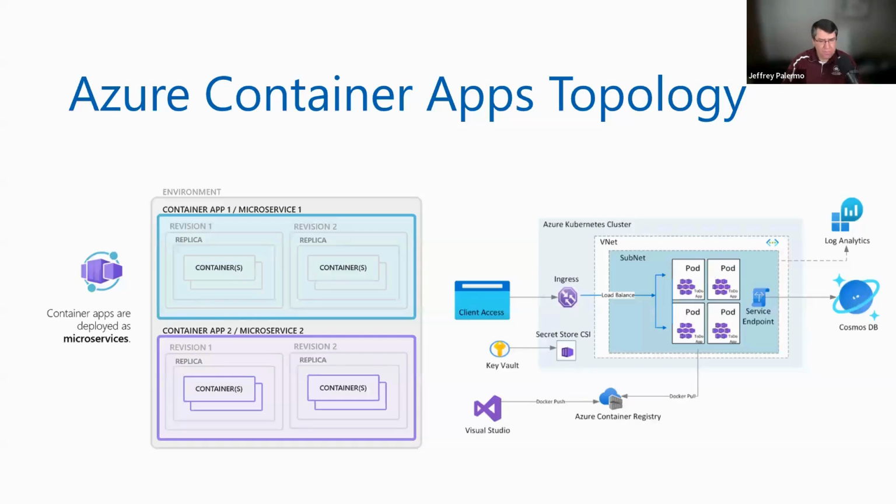Okay. I want to talk about the topology of what an Azure Container App is, and I want to compare that with Kubernetes. I know that we're probably split, with some people having done some Kubernetes work and other people not doing any Kubernetes work.